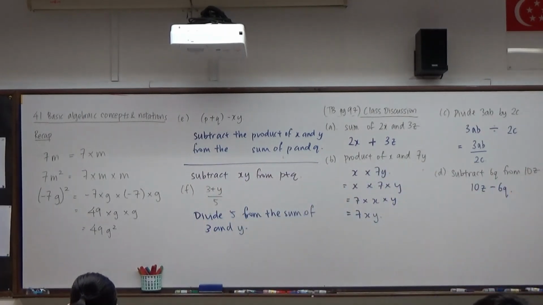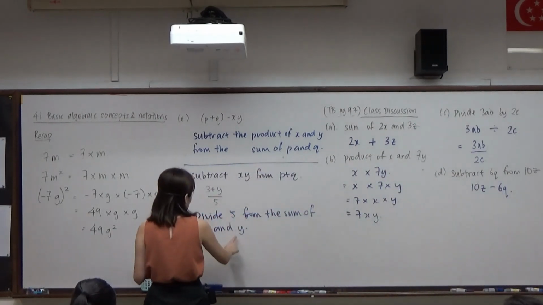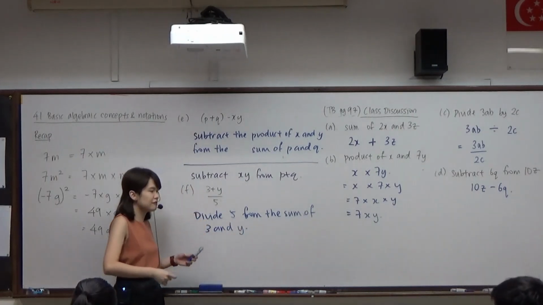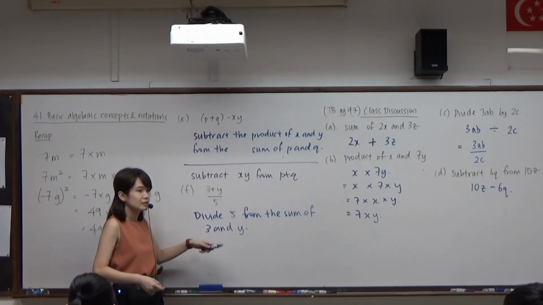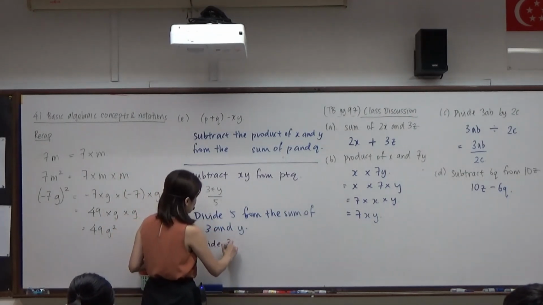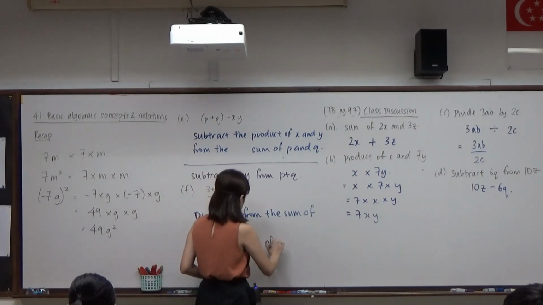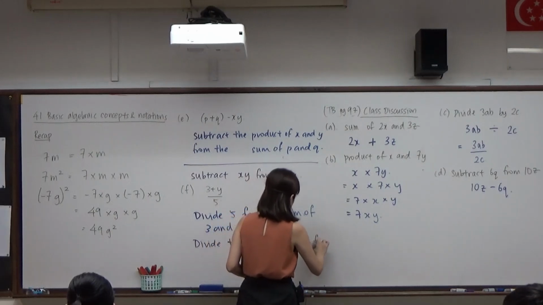What do you think about this statement? How many of you will agree? Who would disagree? Okay, Tracy, why do you disagree? It should be the opposite: divide the sum of 3 and y from 5. So Tracy is recommending this: divide the sum of 3 and y from 5.